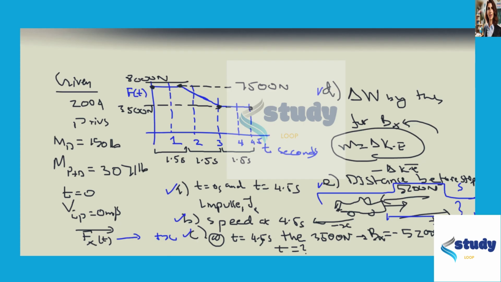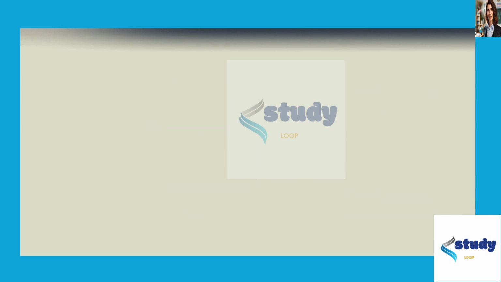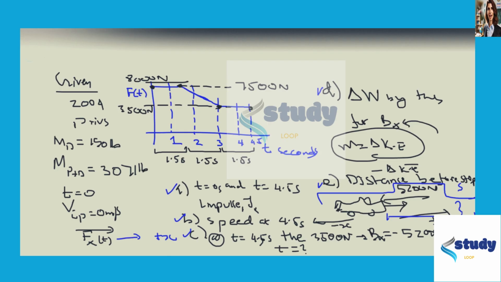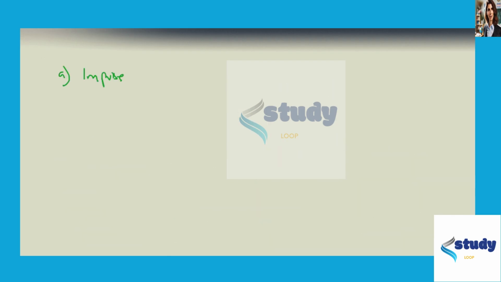The first part, part A, we'll do on the next page. So in part A, we want to find the impulse of the force between t0 and t4.5. Let's go back to the graph itself. We have the visuals. This is the variable force, and this is the time. Remember, in general, impulse Jx is defined as the force times the time, but in this case, we have different areas.